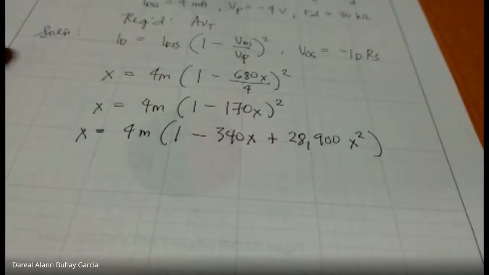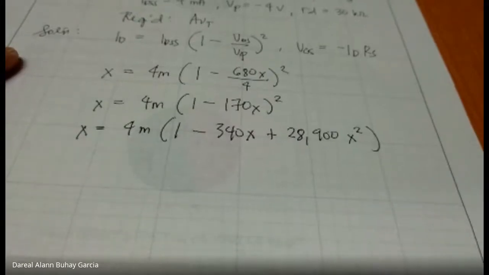Distribute 4 milliamperes. X is equal to 115.6 x squared minus 1.36x plus 4 milli.